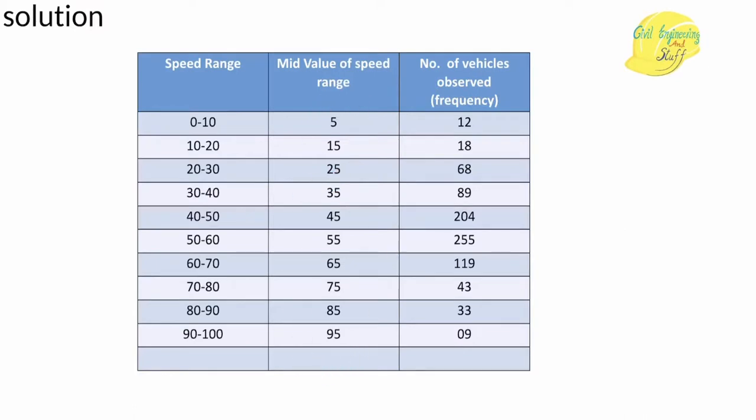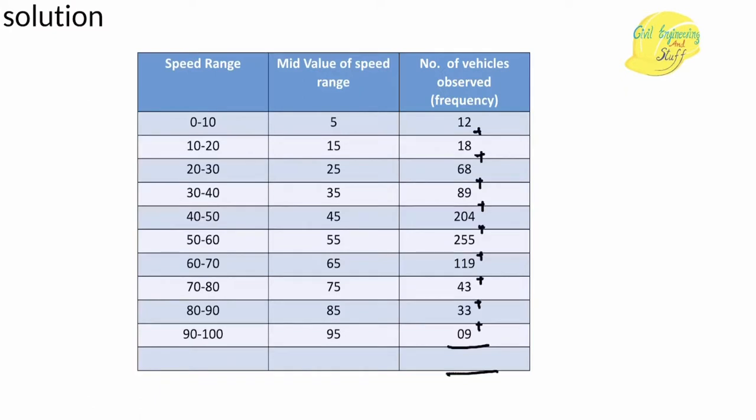Now the next thing will be to find out the percentage frequency of the vehicles at each speed. For that, we'll first find the summation of the overall frequency, which comes out to be 850.